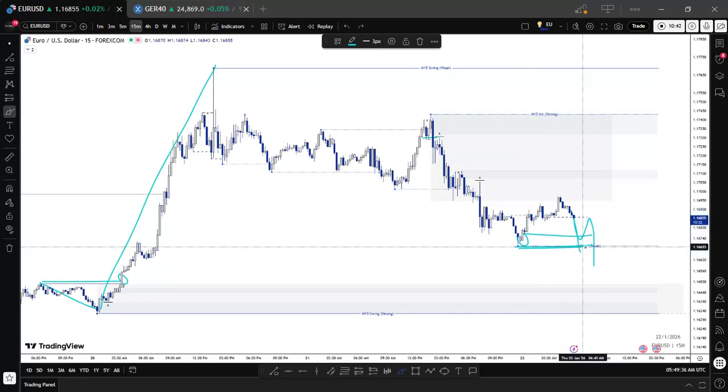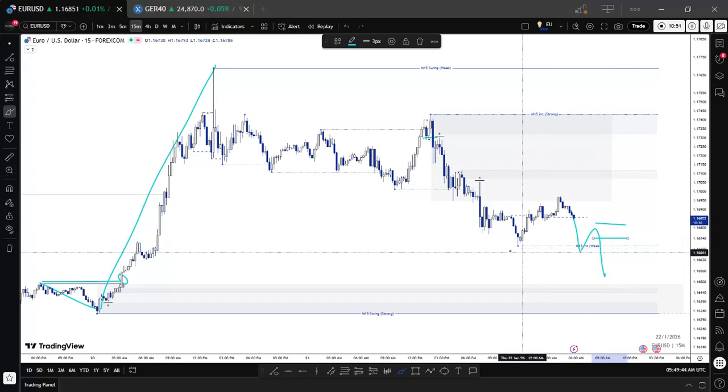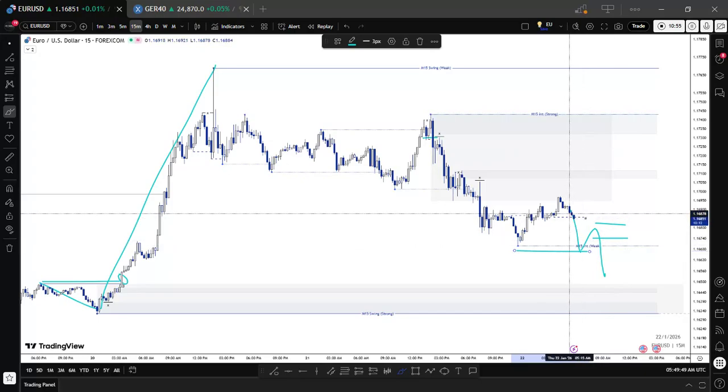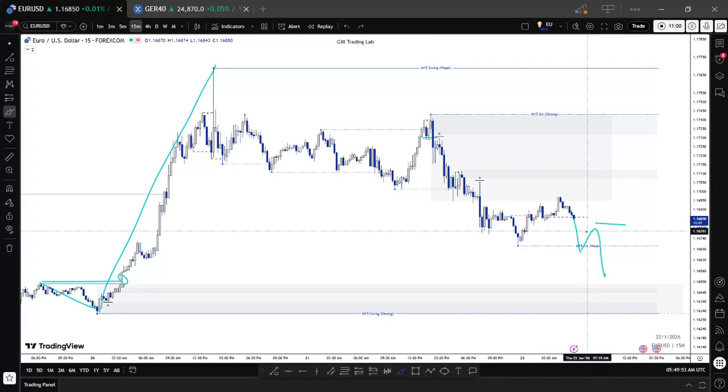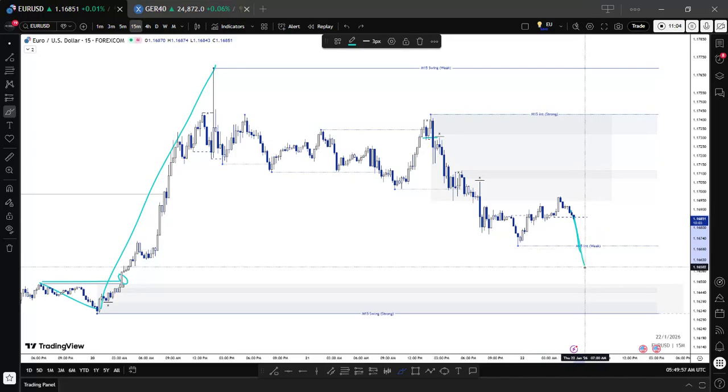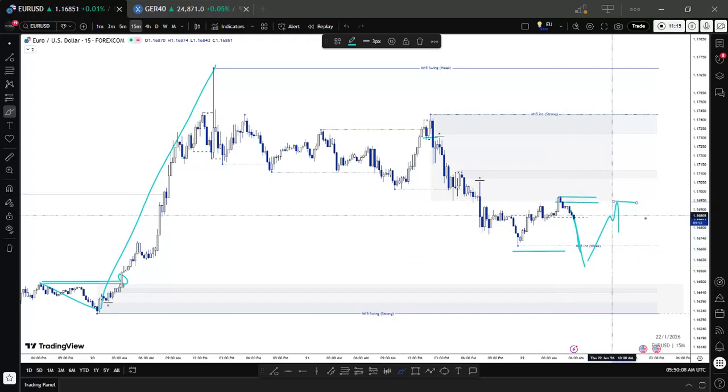Then I'll be willing to look for shorts from the supply that will have formed during session that will have caused the bearish IDM. Also, if price doesn't form a session supply here, and it just continues until it takes out the low, this is a valid zone. If price pulls back during session, then we see a bearish order flow shift from it, then I'll be willing to look for shorts from that zone.